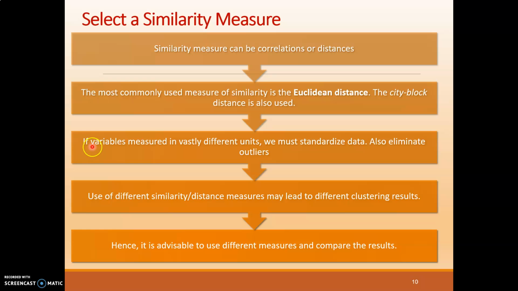The third step, if variables are measured in vastly different units, we must standardize the data and also eliminate outliers. Use of different similarity or distance measures may lead to different clustering results. Finally, it is advisable to use different measures and compare the results. This is selecting the similarity measure.